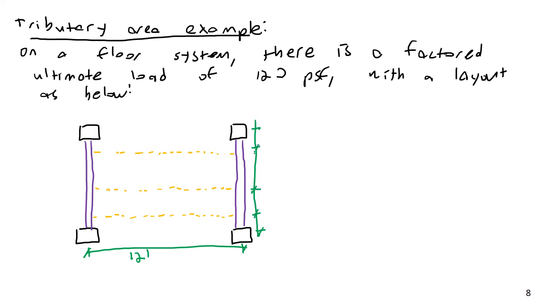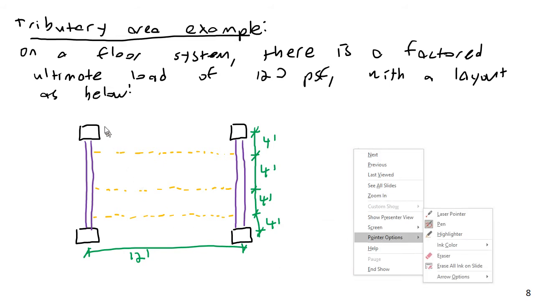So maybe 4 feet, 4 feet, 4 feet, and 4 feet. So these beams are 12 feet long and they're positioned 4 feet on center along the girder.